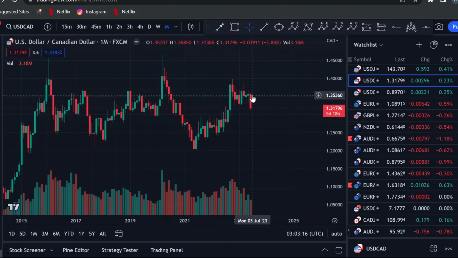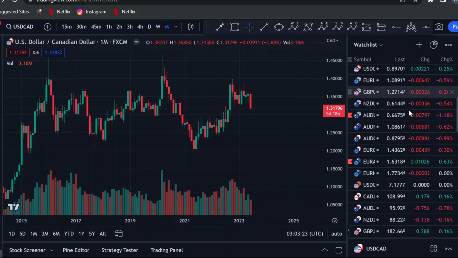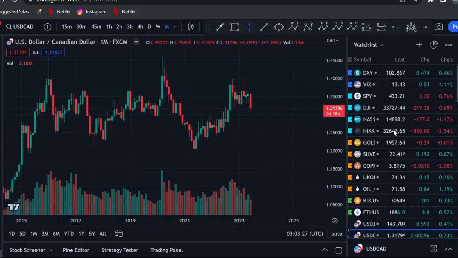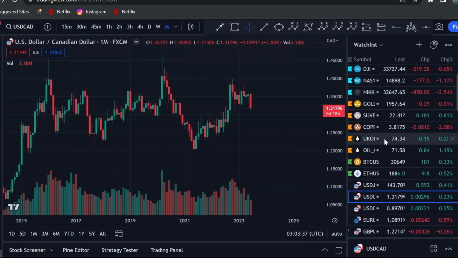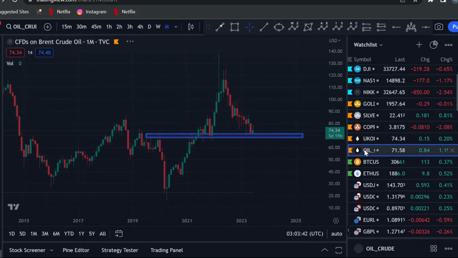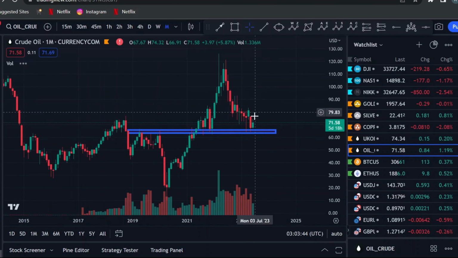Also, another thing to know about the CAD is that it is correlated with oil. It is positively correlated with oil. And when you look at the oil prices, they are falling. So if the oil prices are falling and the CAD is strong, of course that is an anomaly.